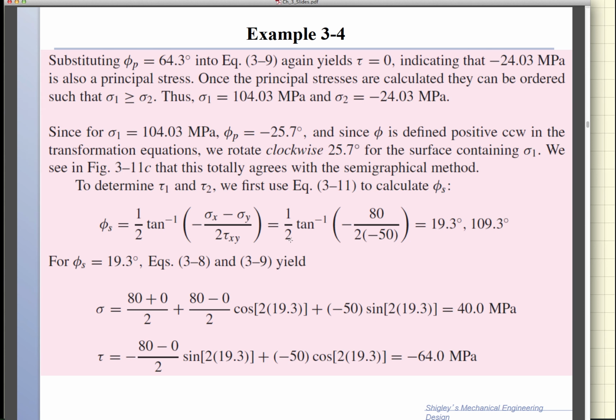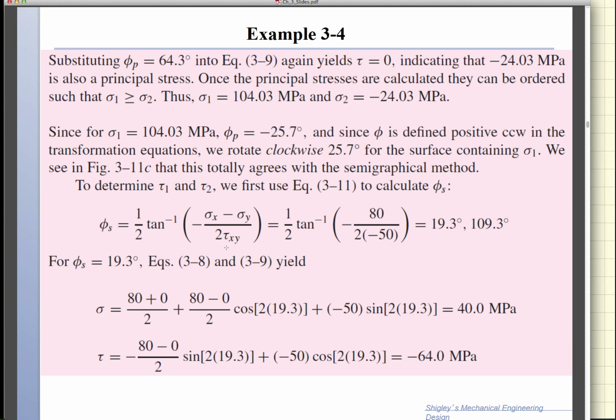I can continue now to compute the shear. So if I rotate now, I find the shear angle. The angle for maximum shear is 1/2 of the inverse tangent, the angle 10 minus 1, of the angle for the principal stresses.